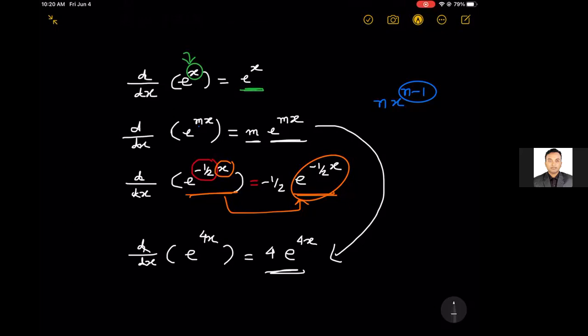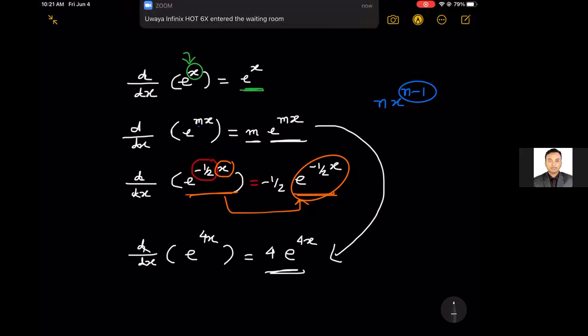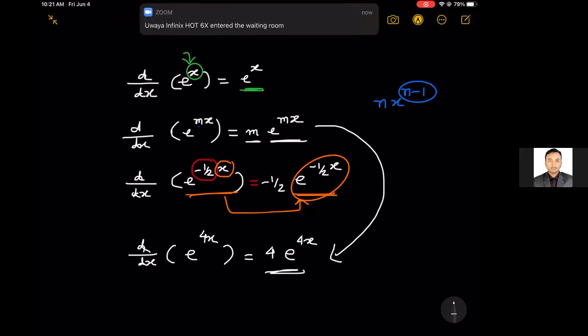We can't find the derivative of a function which is not differentiable. So if we are trying to find, let's say, the fifth derivative, then it's differentiable 5 times. If it's not differentiable 5 times, we can't find the fifth derivative, right?